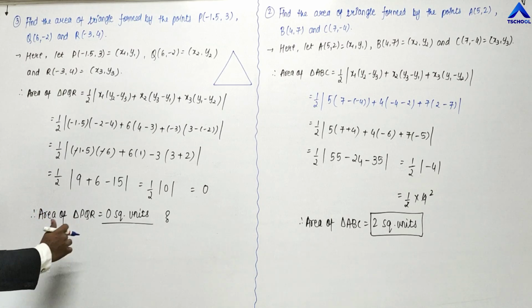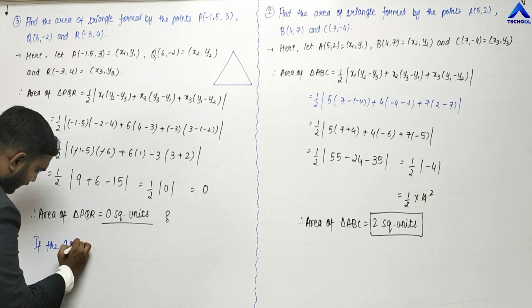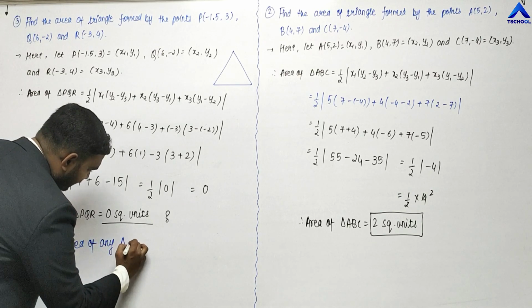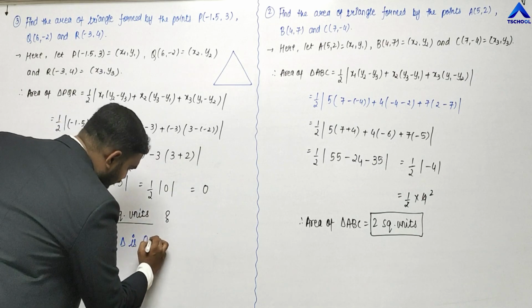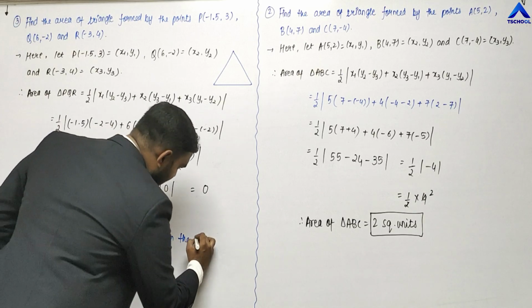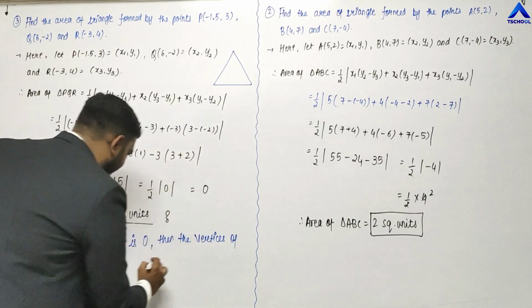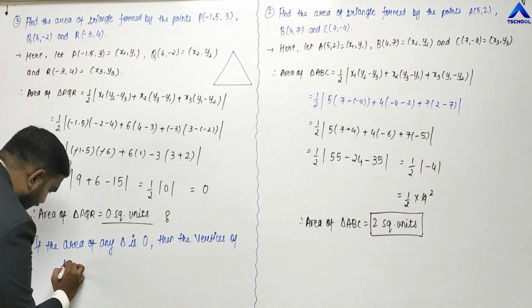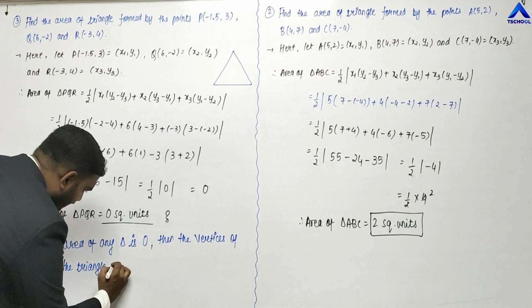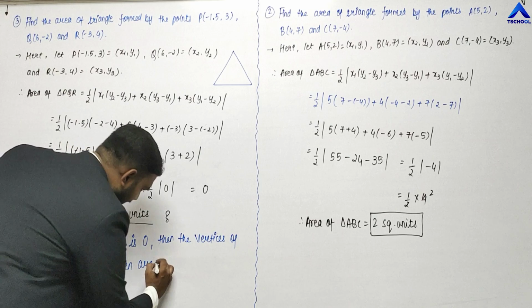that if the area of any triangle is 0, then the vertices of the triangle given are collinear.